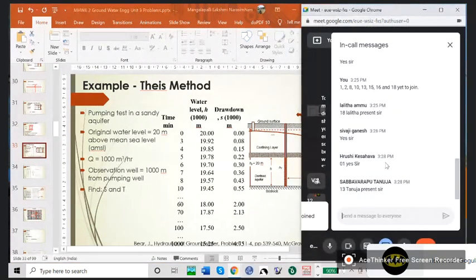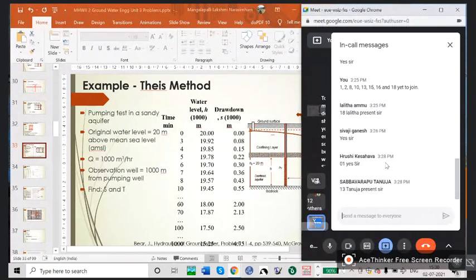The pumping test is done in a sandy aquifer. The original water level is 20 meters above the mean sea level. See, this is 20 meters.